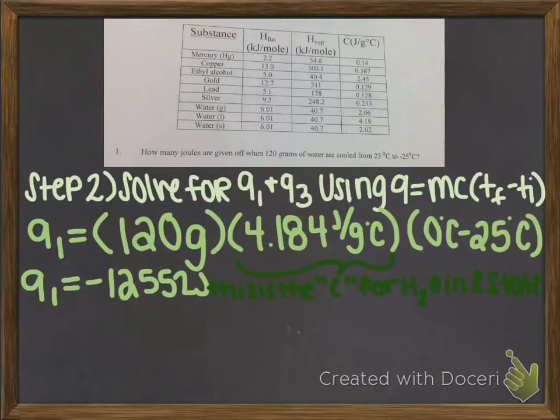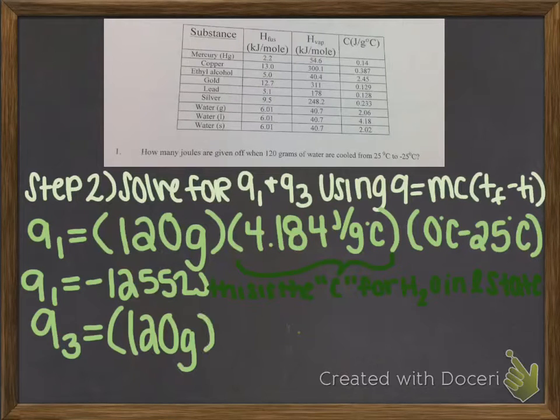On the graph we drew, the final temperature for Q1 is 0 degrees Celsius and the initial temperature is 25 degrees Celsius. When we plug that into our calculator, we get negative 12,552 joules. We want to keep this in joules instead of converting to kilojoules because the problem asks for joules given off, not kilojoules.